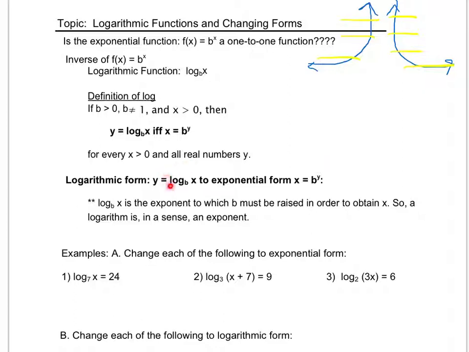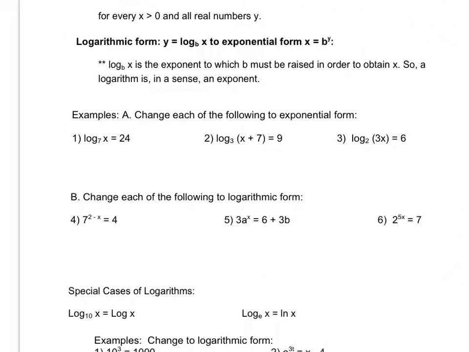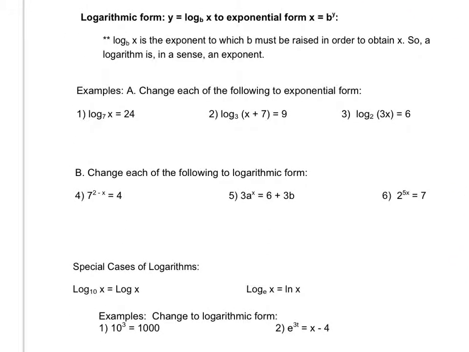Notice that log base b of x is the exponent of b. So a logarithm really is just an exponent. It's the exponent that my base must be raised to in order to get x. I want to look at some examples of changing between my two forms, so I'm going to leave that on my screen.